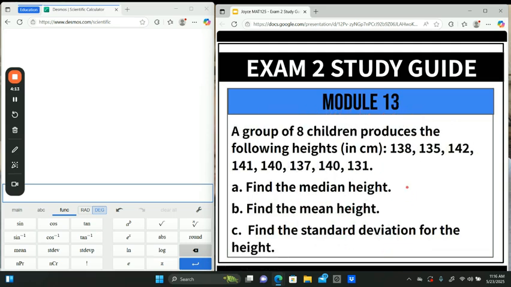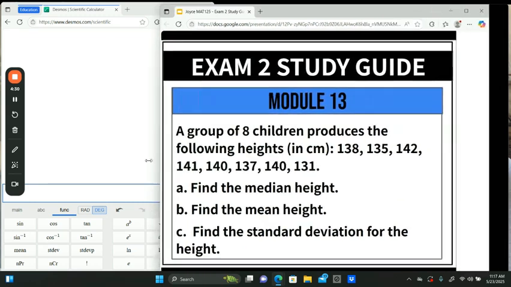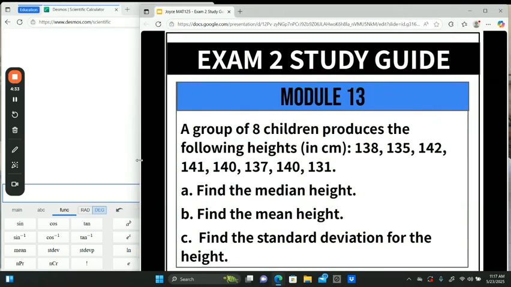A group of 8 children produces the following heights. Find the median height. Okay, so for the median, we need to first put all of our data in order from least to greatest. So let's give ourselves a little more room here. Okay, from least to greatest.